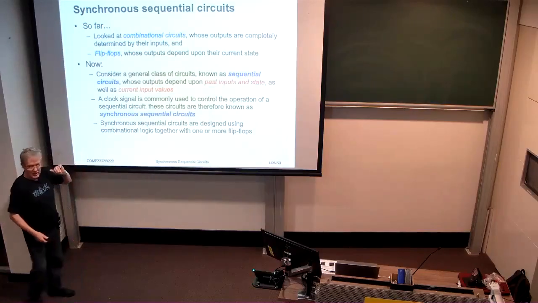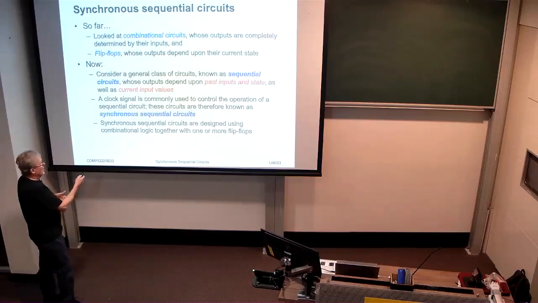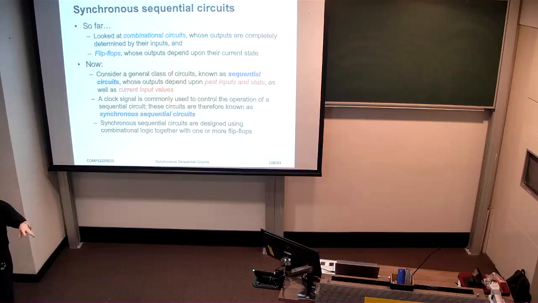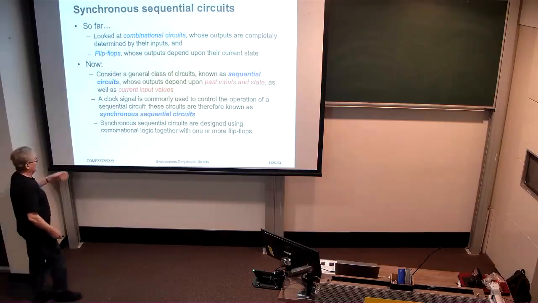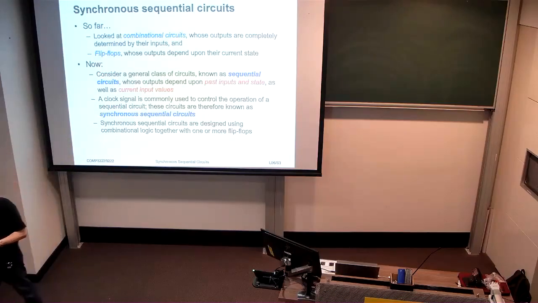So in this lecture, we're going to talk about a class of circuits known as sequential circuits, where the outputs depend upon the past inputs and the current state as well as the present input to the circuit. We normally use a clock signal to control those circuits, and that's why they're called synchronous sequential circuits.